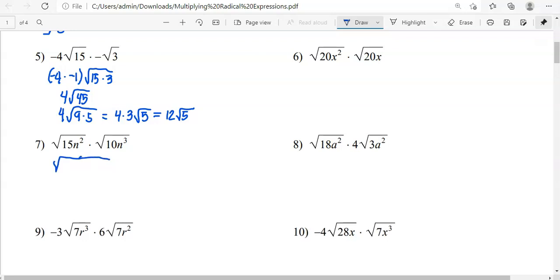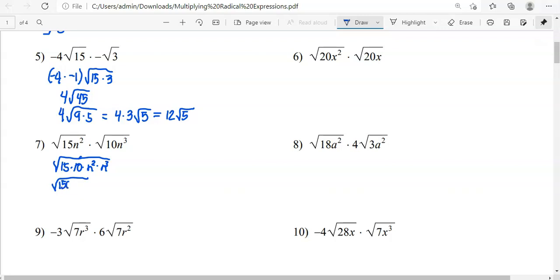So, pagsamahin muna natin na magiging 15 times 10. For the variable, we will have n squared times n cubed. Okay, then 15 times 10, the answer is 150.